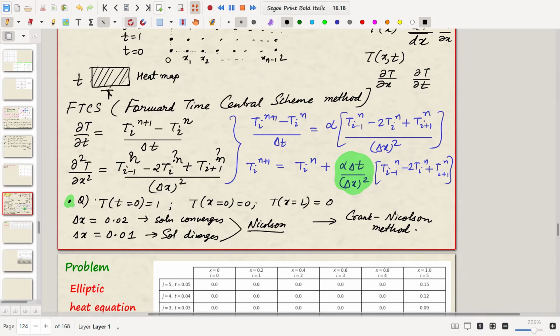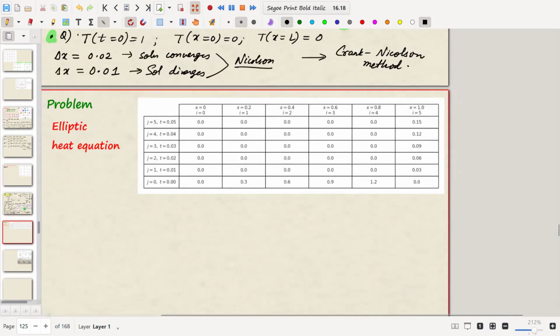But now the question is, can we develop a method which is unconditionally stable? Whatever step size you use, however small, the solution will always converge. Therefore, there is a need for another method, which is the Crank-Nicolson method. Next class, we will solve one heat equation, starting from here and progressing towards this equation.